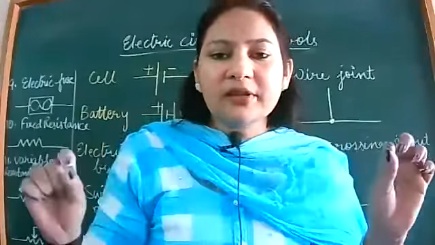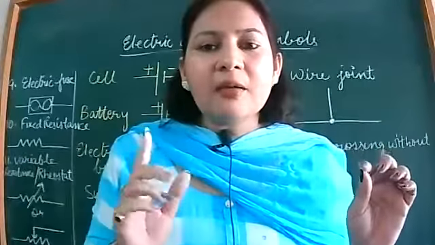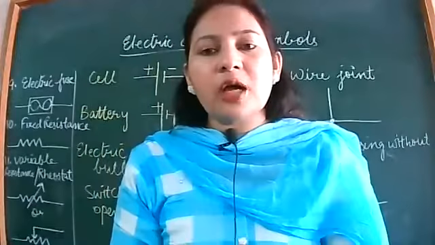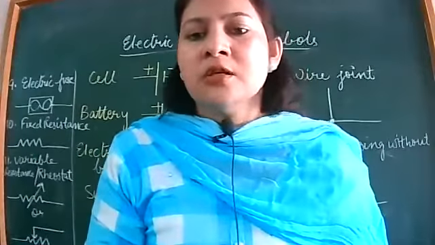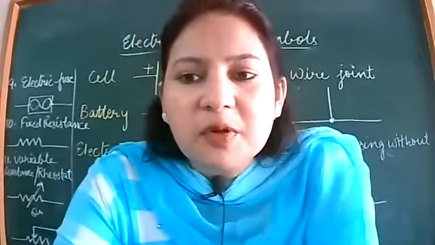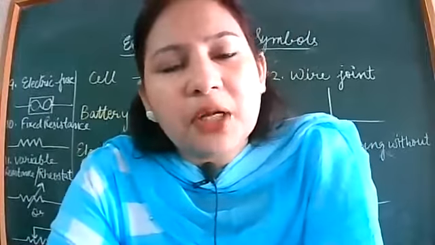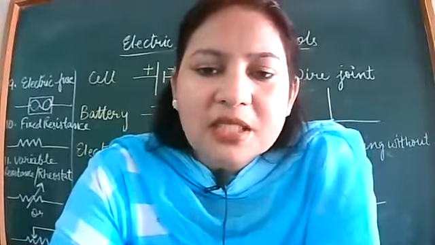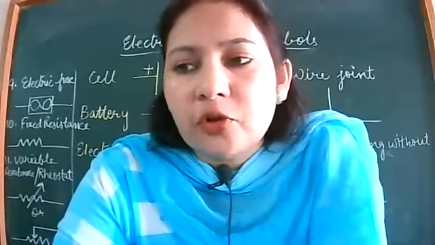Because all the points of that wire are at the same potential. So by connecting a battery we create a potential difference in it. Now current will flow from high potential to low potential region. So there must be potential difference between 2 points. Only then current will start flowing from high potential point to low potential point. So that's why it is compulsory to attach a battery for current to flow in a circuit.